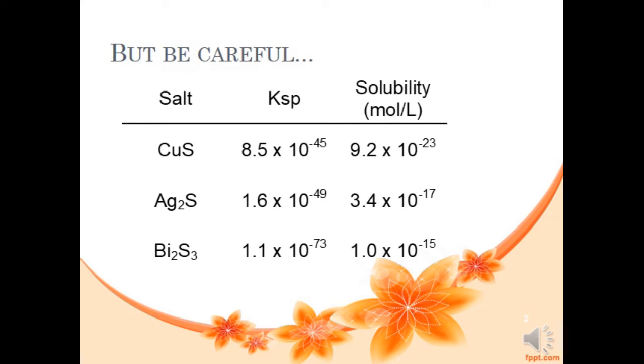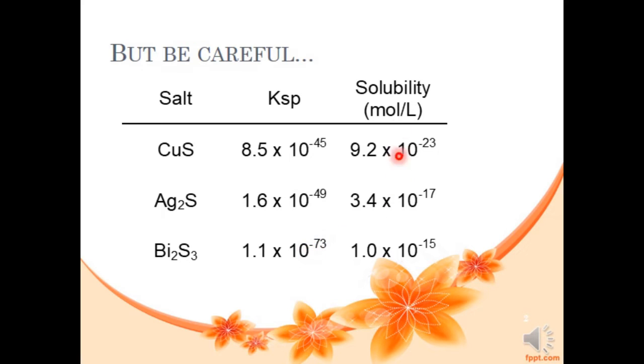This is what I mean by a different number of ions. For example here, copper sulfide with silver sulfide or bismuth sulfide. We cannot compare these three because this is 1 to 1, this is 2 to 1, this is 2 to 3. If you see the Ksp value here, we can say this is the least soluble because of the very low Ksp value.